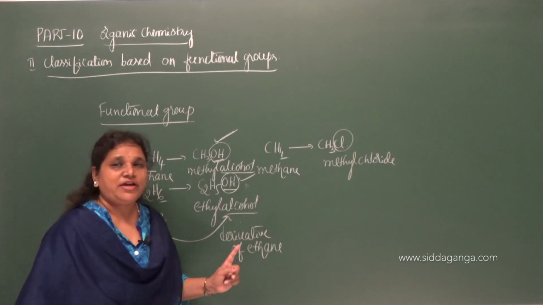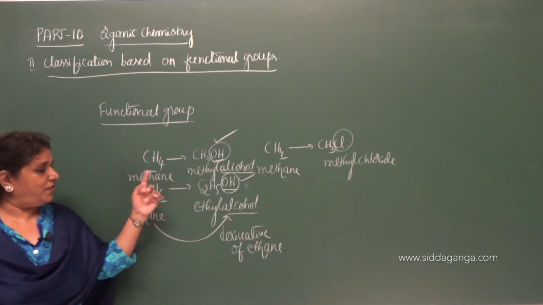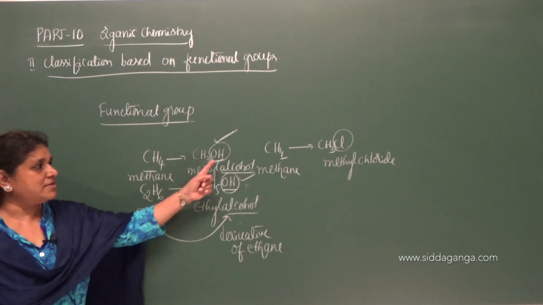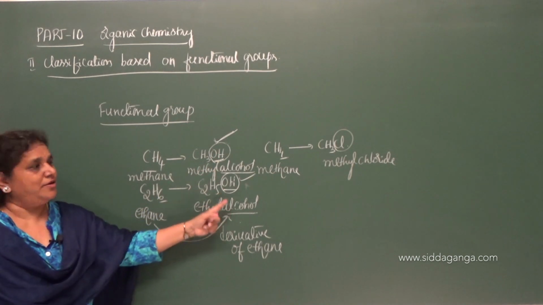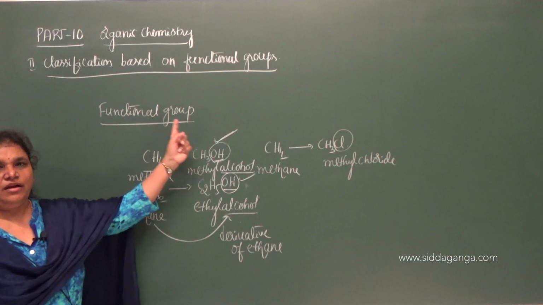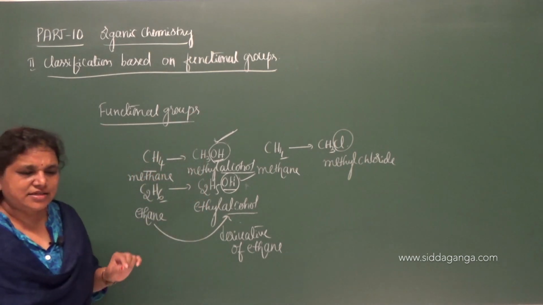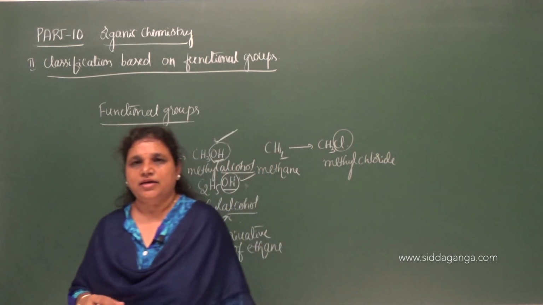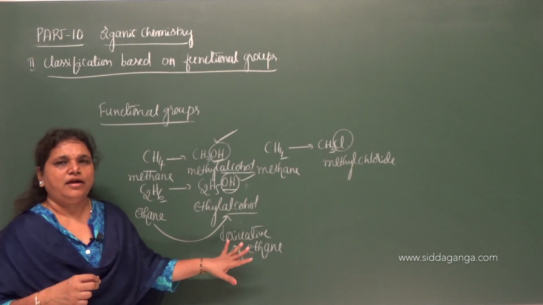So these derivatives of alkanes show different properties compared to that of parent alkanes. Why? Because of the presence of another group or group of atoms. What are those groups called? They are nothing but functional groups. Then how to define functional groups? It is an atom or group of atoms which determines the complete properties of the given organic compound.